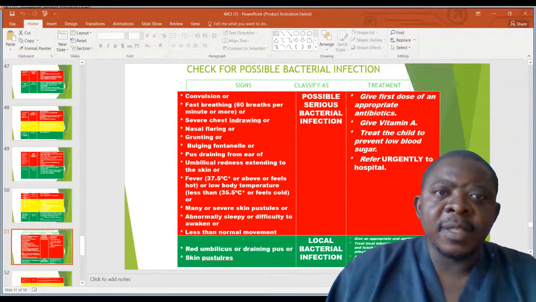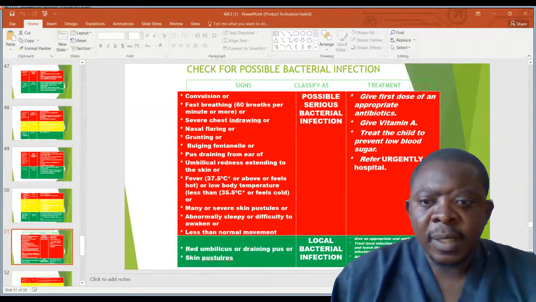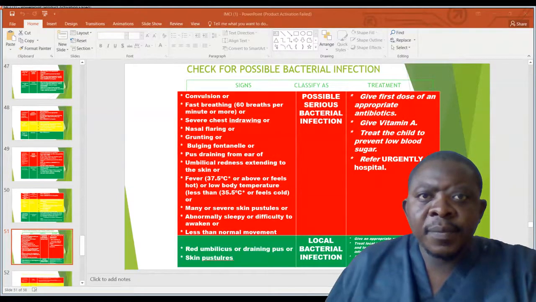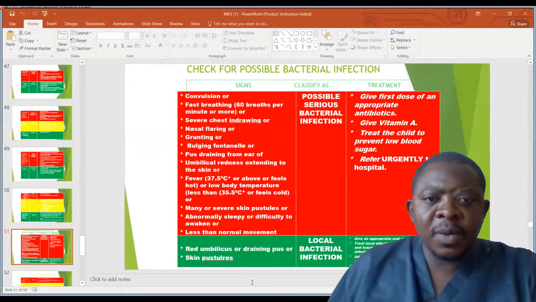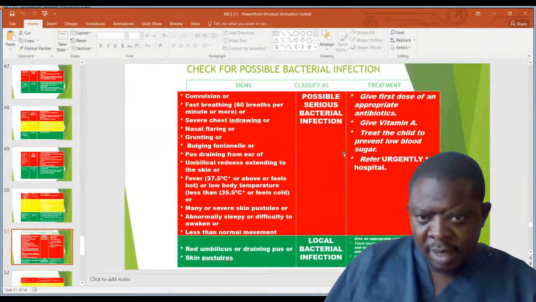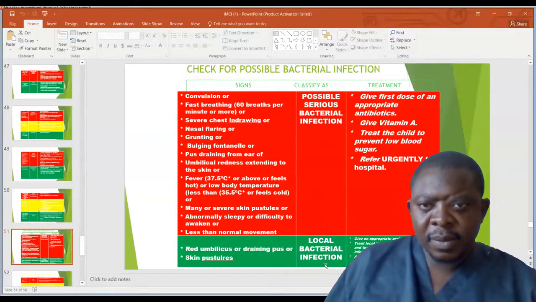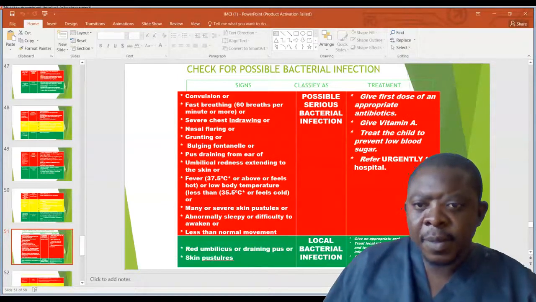But if the child is convulsing, then for possible bacterial infections. So checking for bacterial infection under green, you can have red umbilicus or draining pus or skin pustules. Then this classification will be local bacterial infection. Give appropriate antibiotic and advise mother to give home care.